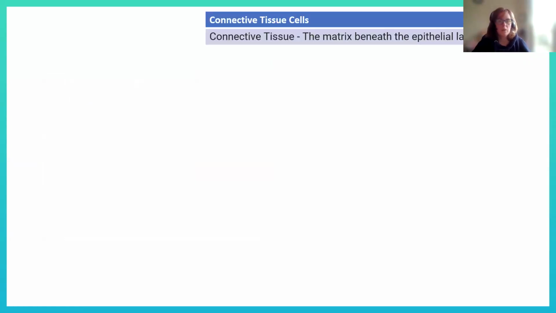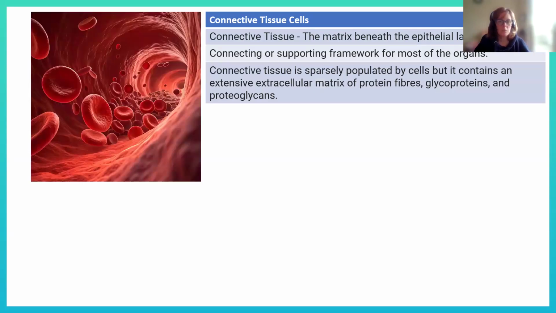Okay. So underneath the epithelial layer, we've got this connective tissue layer. We talked about this bit last session, so I'm not going to dwell on this particular bit too much. This is the connecting or supporting framework for most of the organs. The connective tissue is, remember we said, sparsely populated by cells. So it hasn't got that many cells compared to its extracellular matrix of proteins and fibers.